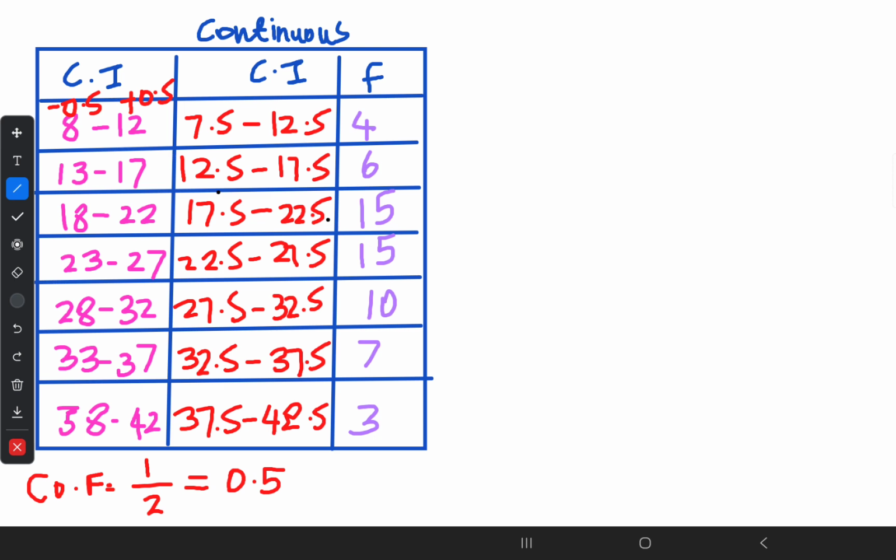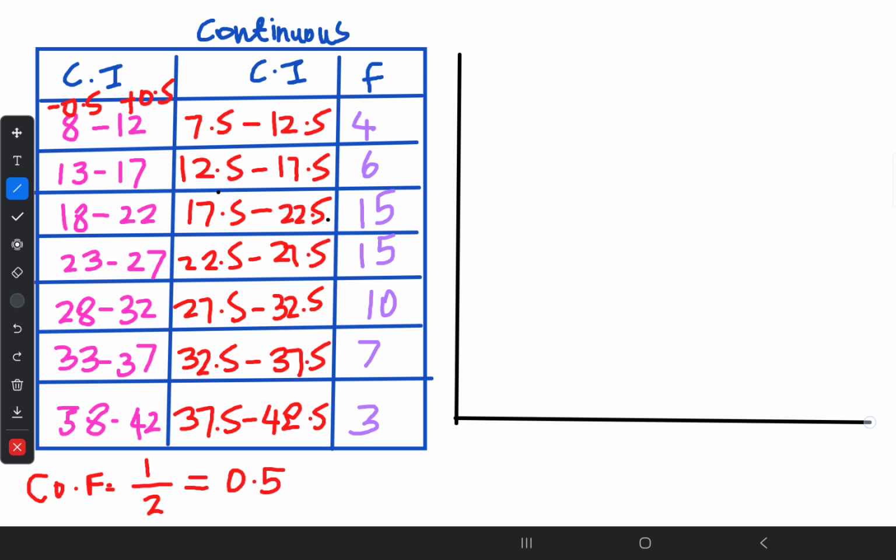Now let's plan the axis. The minimum is 7.5, which means it is not starting from 0 onwards. So here, just make this mark.